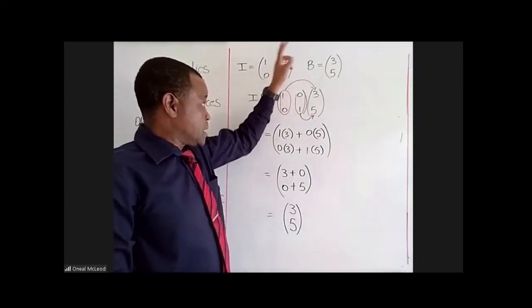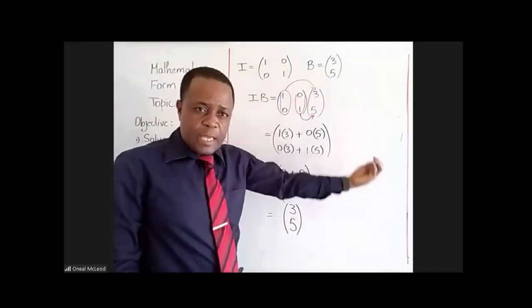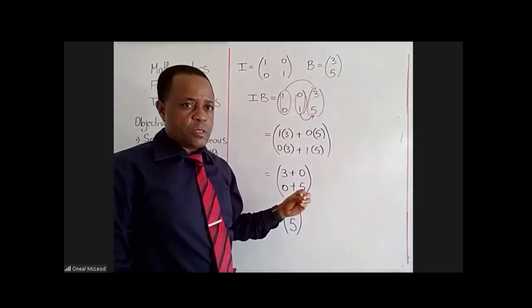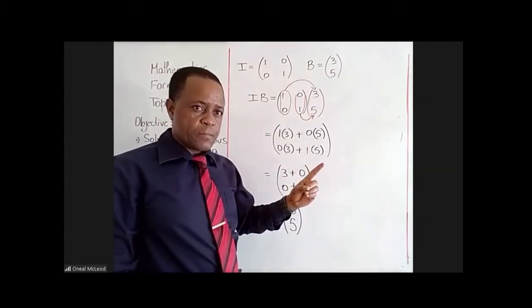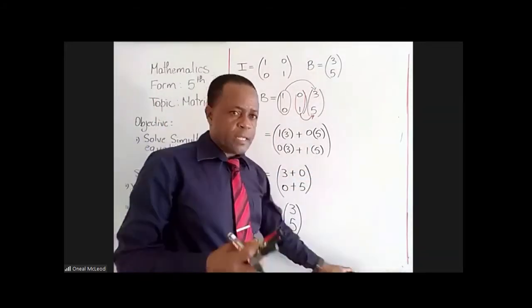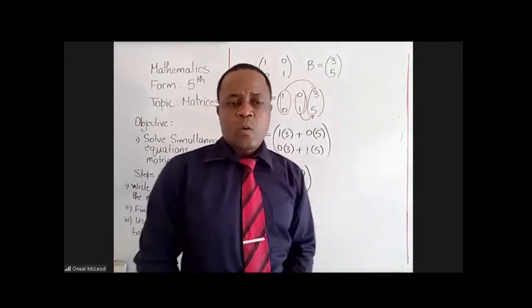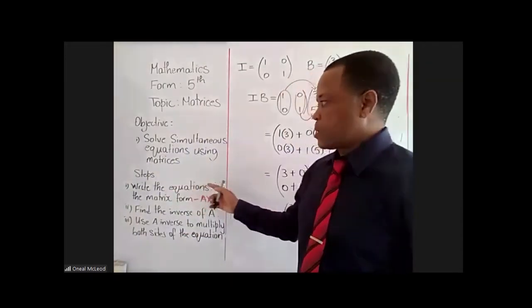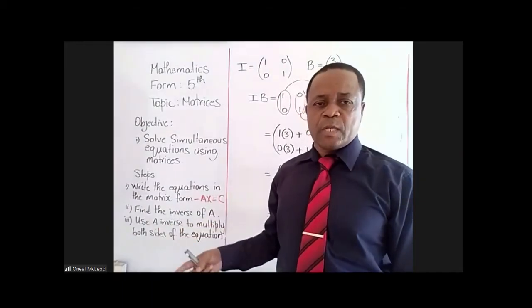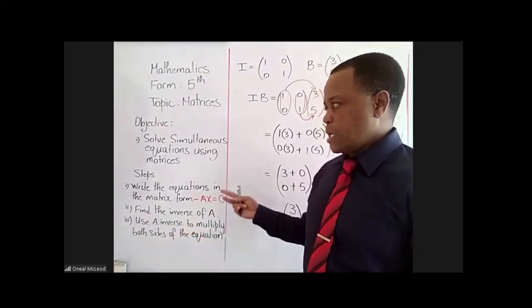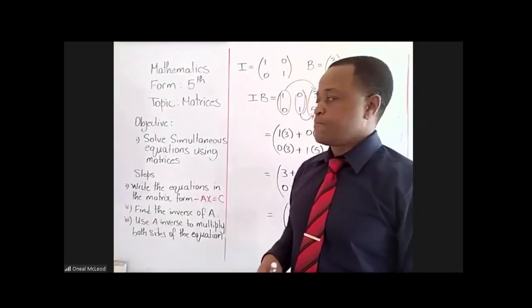So if I use the identity matrix to multiply B, then I will get back B. That's all I'm saying to you. It is like multiplying by 1. Good. Now, with that out of the way, we're going to go back to look at how we can solve simultaneous equations using the matrix method.